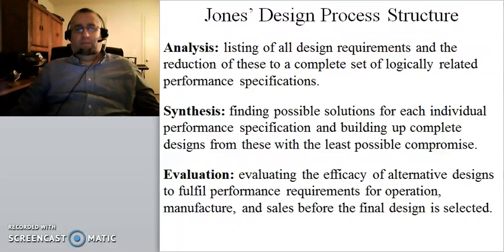So the second step in the Jones design process structure is synthesis. Synthesis is finding possible solutions for each individual performance specification and building up complete designs from these with the least possible compromise.